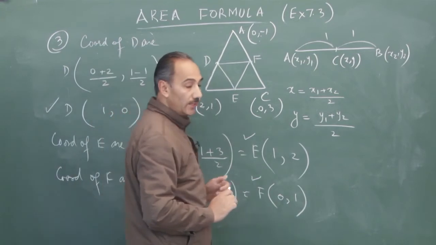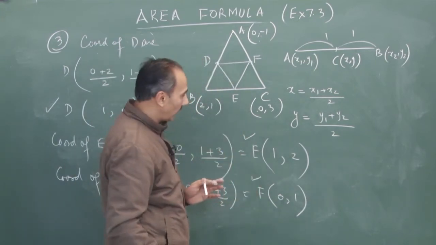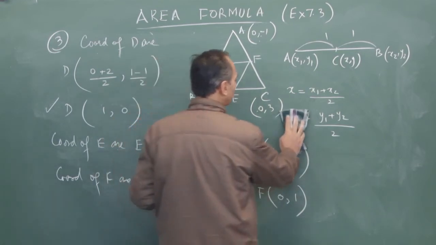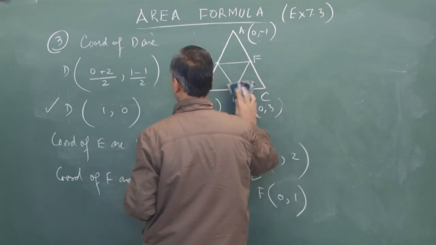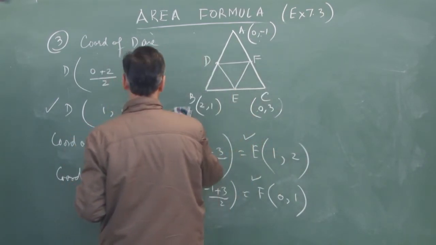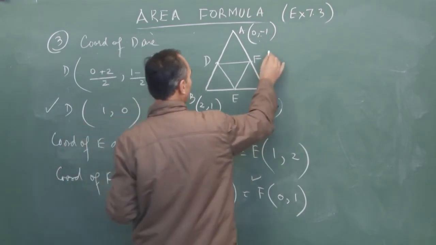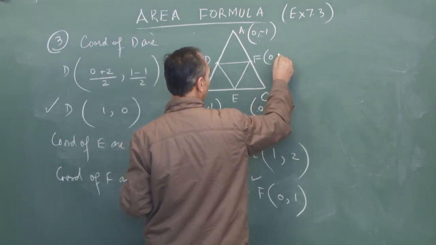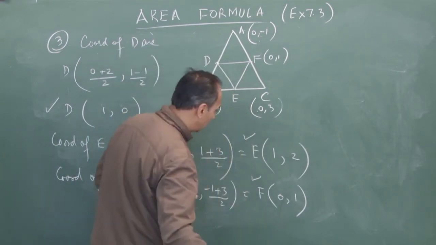Now we need to find area of DEF and ABC. So you have to apply the area formula twice. Okay. So D, E, and F are given to me. Let me write the coordinates in front of D, E, and F. F has coordinates 0, 1. E has coordinates 1, 2.